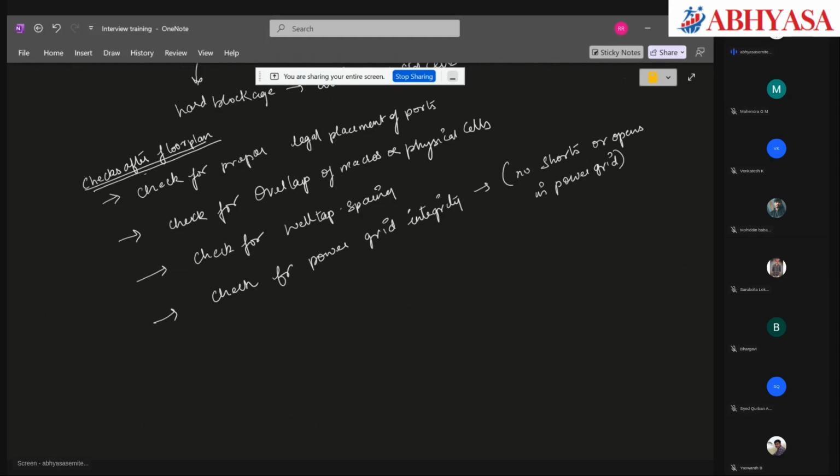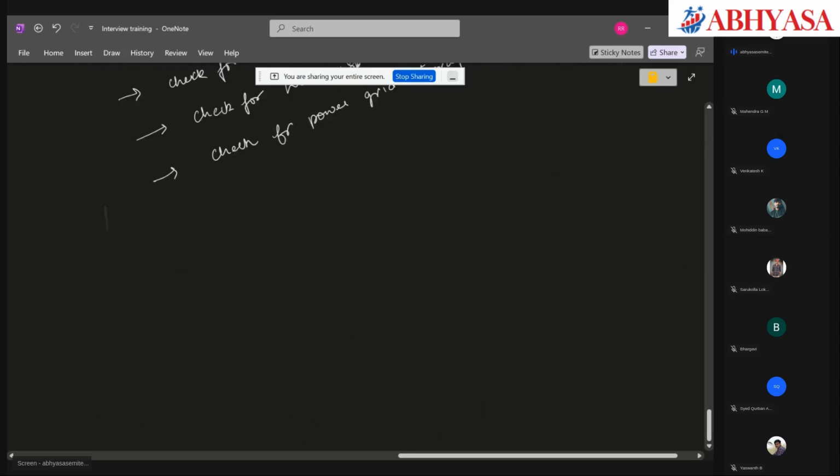What is the insertion delay and skew? Mention the reason for increasing or decreasing the insertion delay.